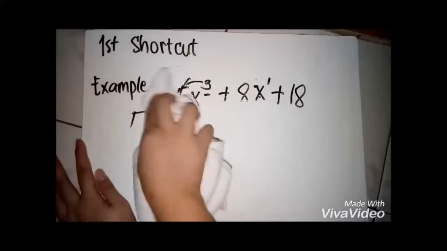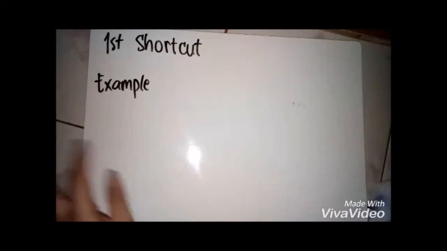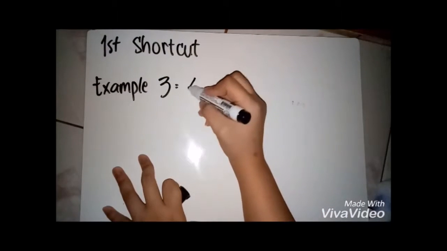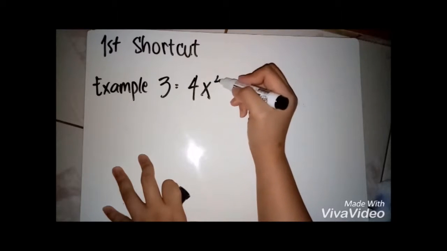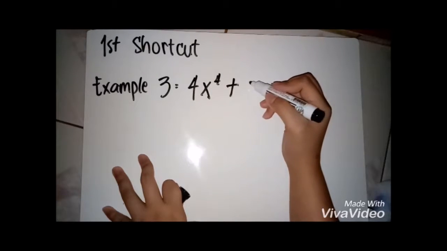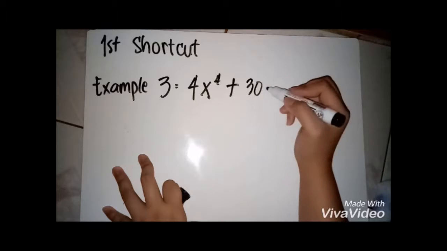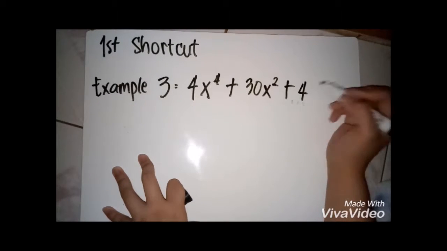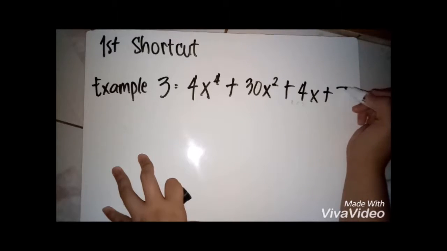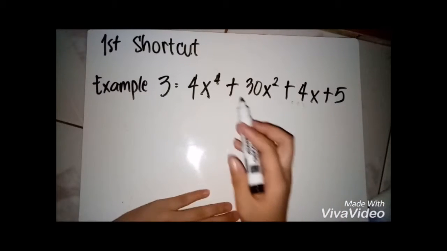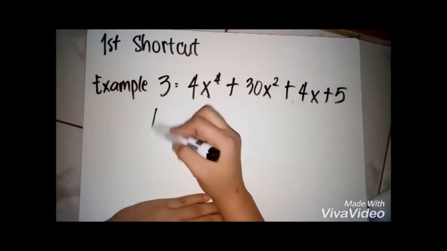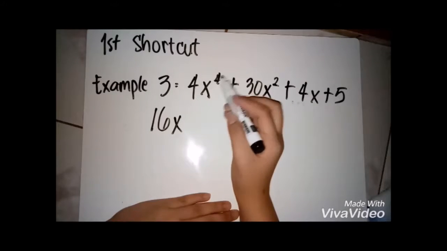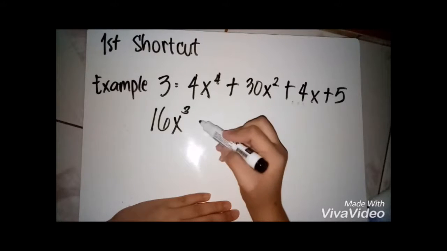So we proceed to example number 3. We have 4x raised to 4 plus 30x squared plus 4x plus 5. So we have 4 multiplied by 4, we have 16. Then bring down x. 4 minus 1 is equal to 3.